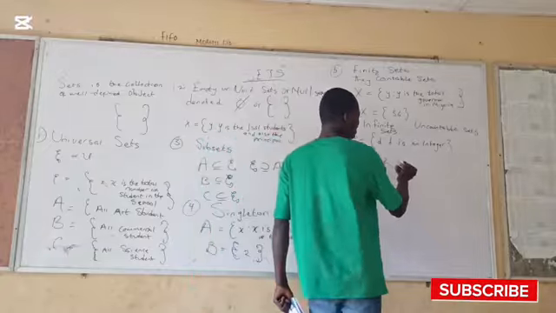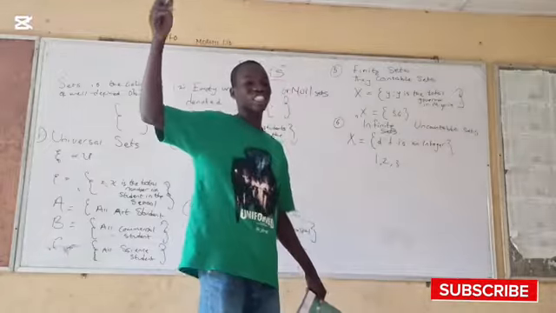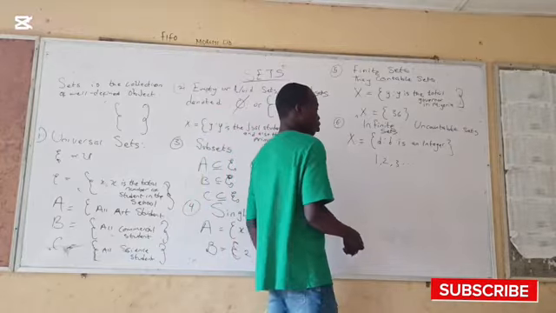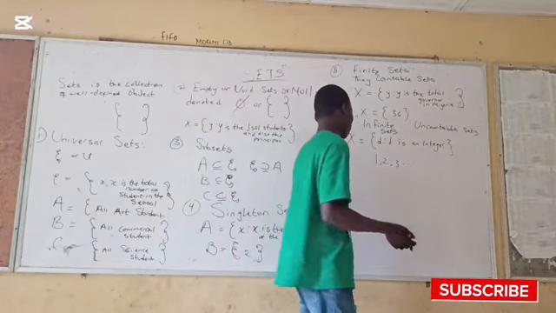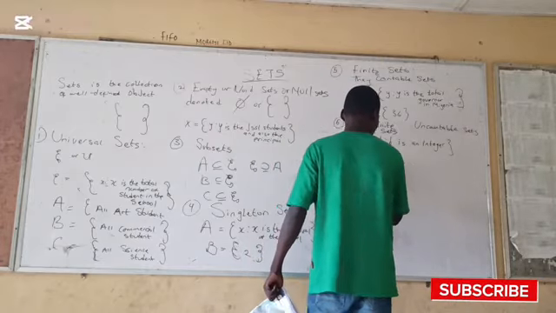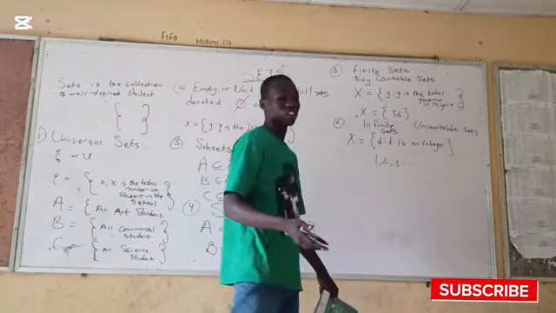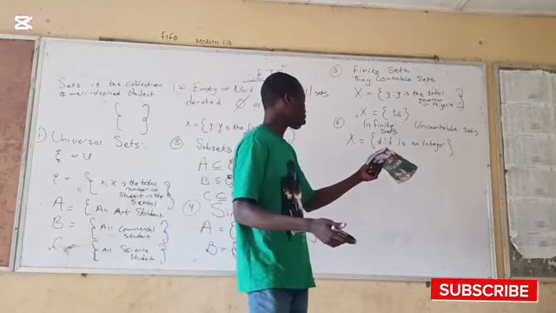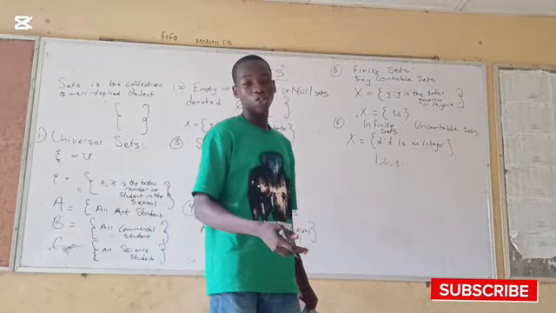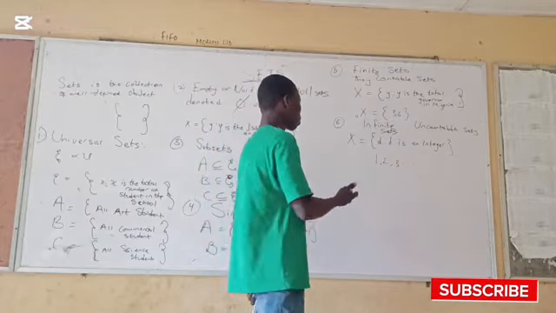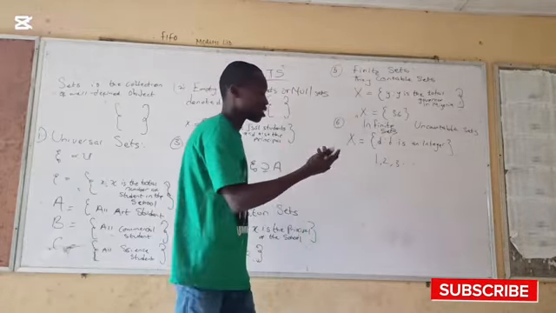Therefore, you can't count the number of integers. 1, 2, 3, 4, 5, 7, 8, 9, 10, and so on. Or you count the whole numbers. They are also uncountable. So we call it an infinite set.